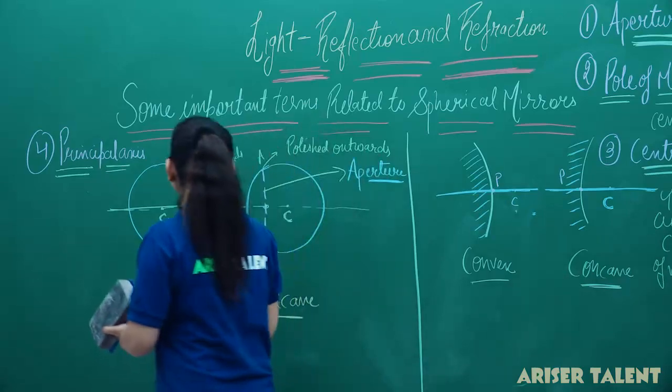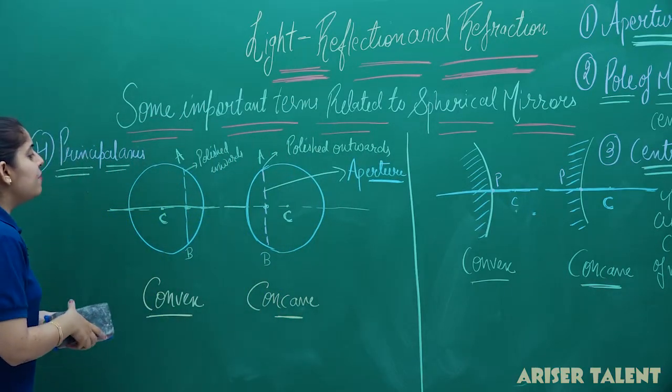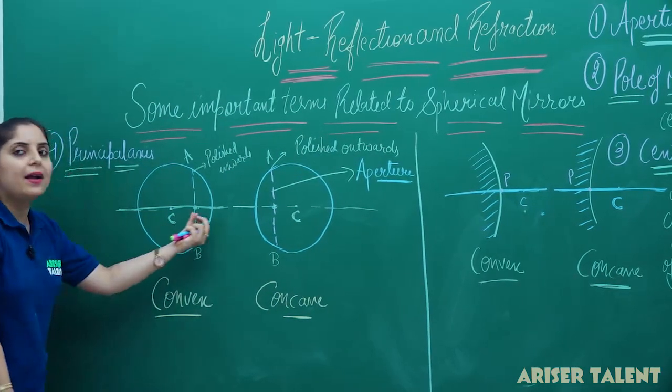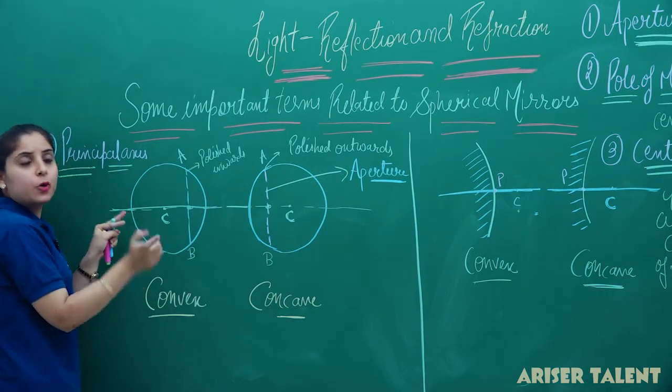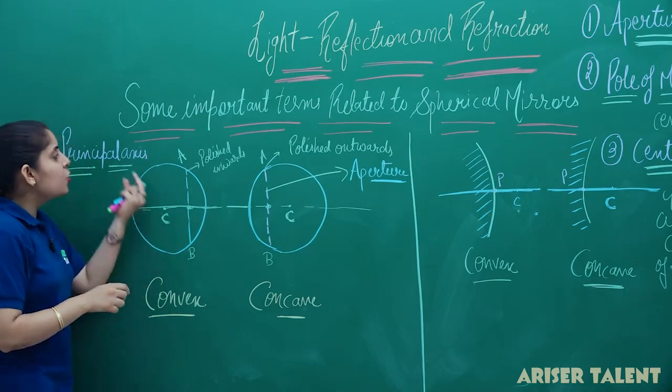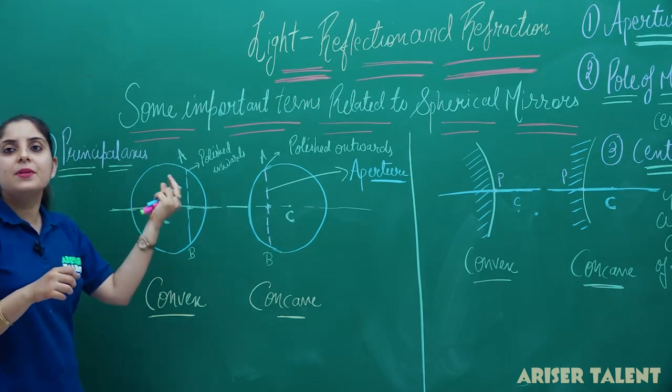Now you can see that there is a straight line which is passing through the pole and center of curvature. You can see that this is a straight line passing through the center of curvature and pole. So we will call this line a principal axis.